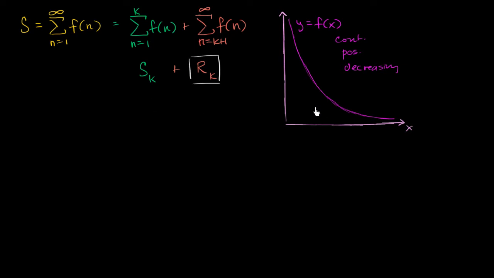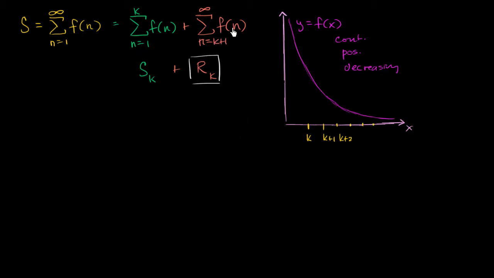So let's say that this right over here is k. Actually, let me do it in a yellow color. So let's say that this right over here is k. This is k plus 1. This is k plus 2, k plus 3, on and on and on.